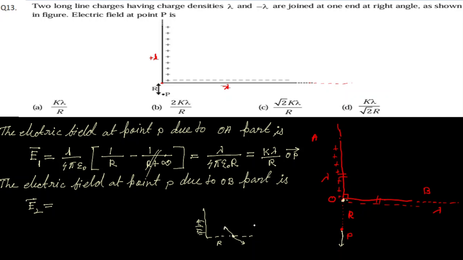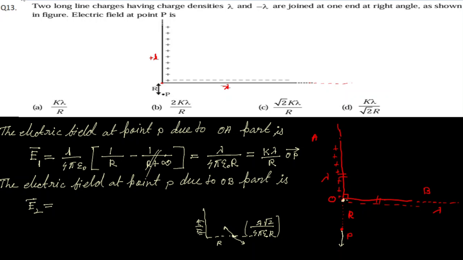And the magnitude of this electric field will be lambda divided by 4 pi epsilon naught R into root 2. Writing 1 by 4 pi epsilon naught in terms of the Coulomb constant K, we can write K lambda root 2 divided by R. This will be the electric field at this position.